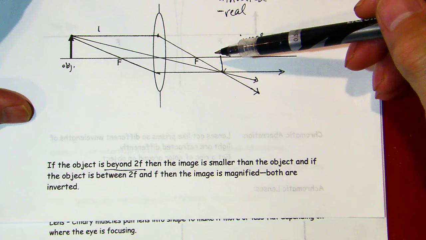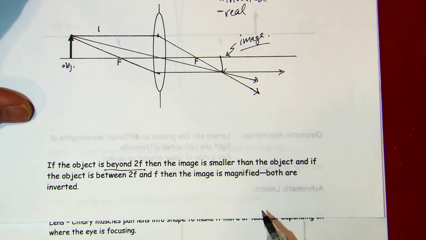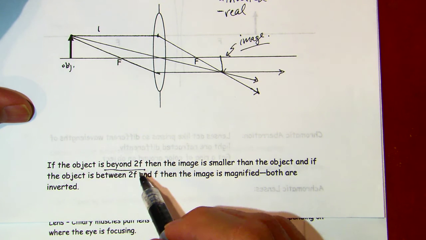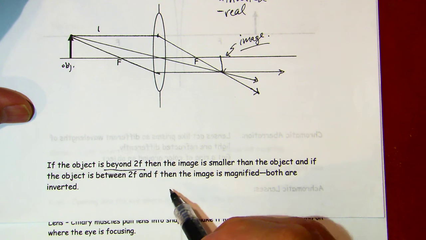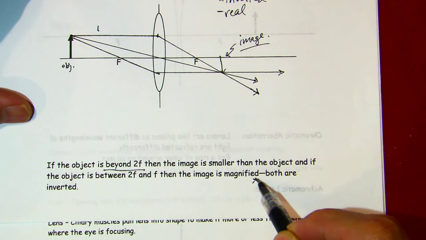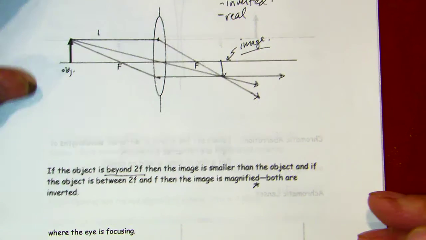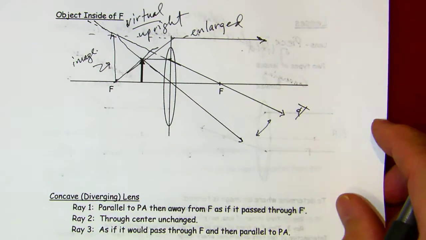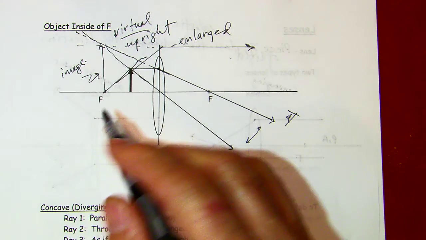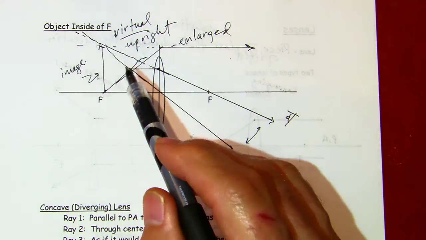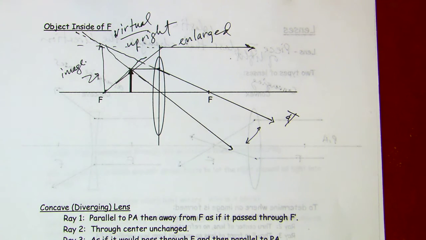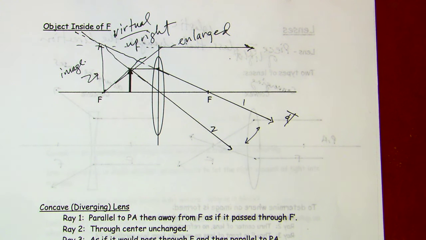And then whether it is larger or smaller depends upon if it's beyond 2f or between 2f and f. Okay? And you get magnification if it's between 2f and f. If you've got the object in front of the focal point, you get a virtual image which cannot be put on a screen. And so that is the difference between these two.